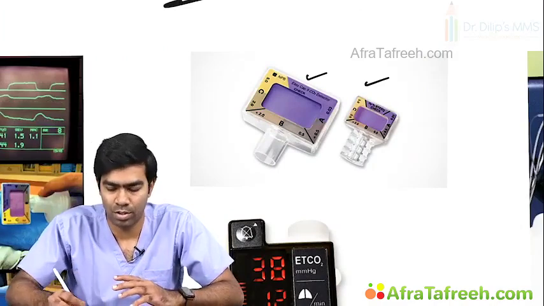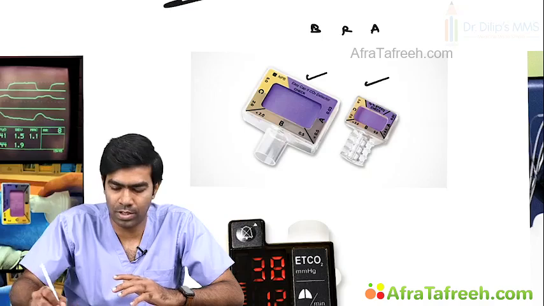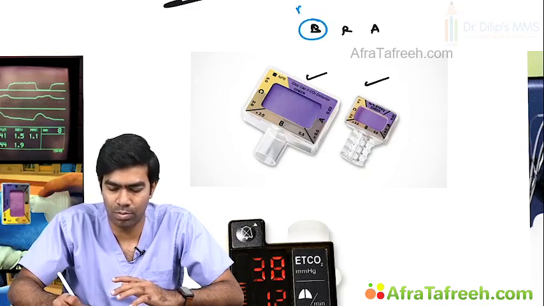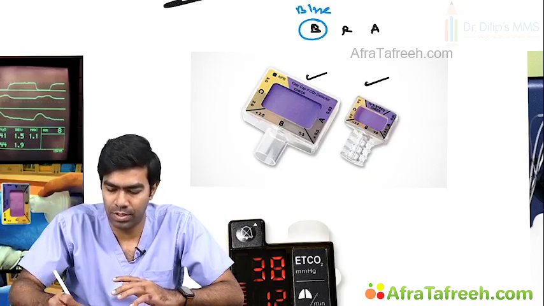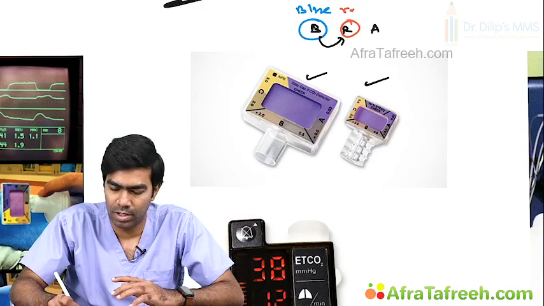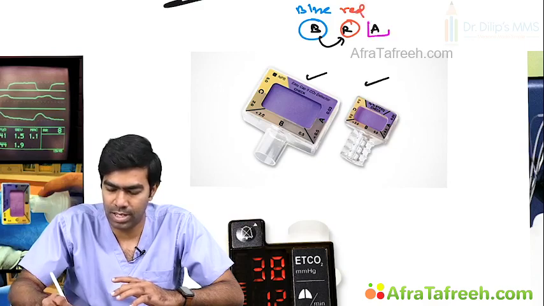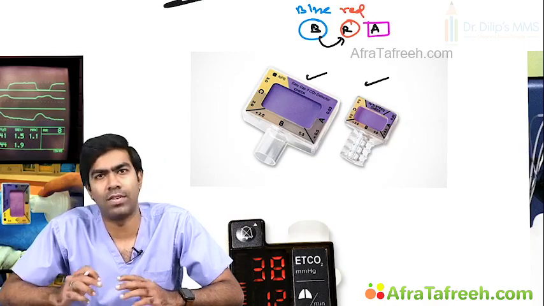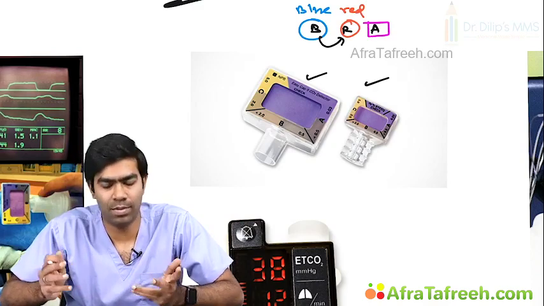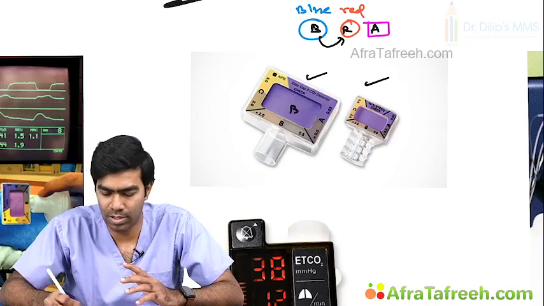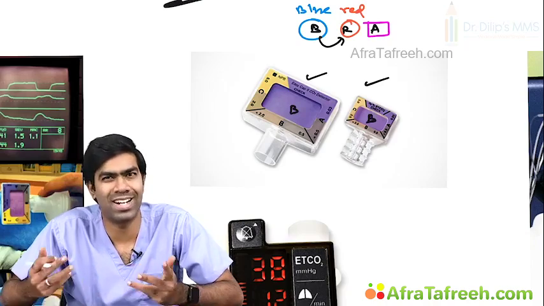You know there is a mnemonic called BRA, which I told you, where B stands for blue litmus paper, which will turn into red litmus paper if you have an acidic pH. Acid will turn blue to red. Here also we are using some kind of blue litmus paper, since it's detecting carbon dioxide.